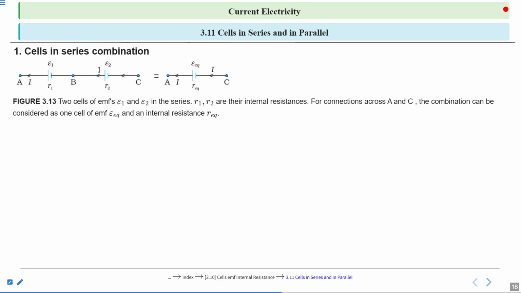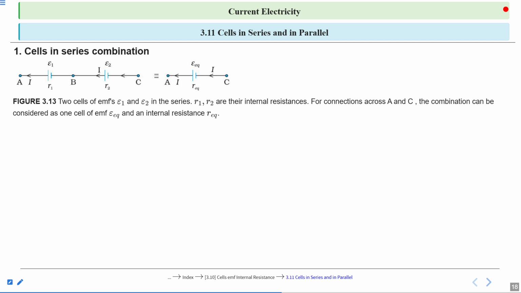This is the diagram for cells in series combination. Here you can see two cells connected, with EMF epsilon 1 and epsilon 2.